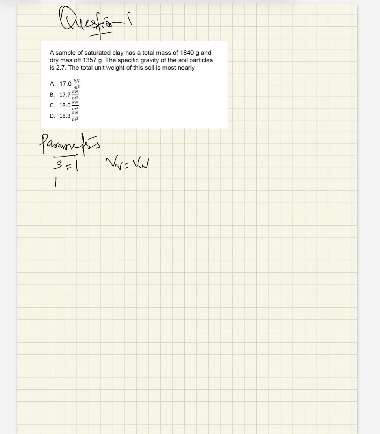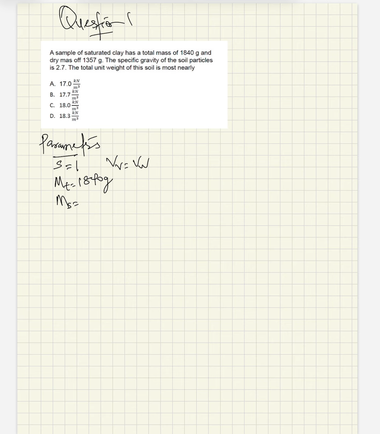When they give us the total mass of the soil, that is the weight of the soil itself and weight of water, it is 1840 grams. Then after drying, you put it in the oven, there is going to be evaporation, and the weight left is going to be the weight of the soil grain, the weight of solid, which is 1357 grams.